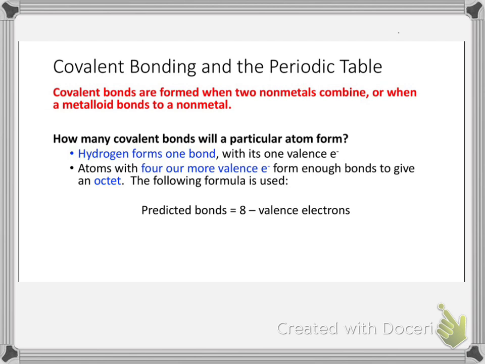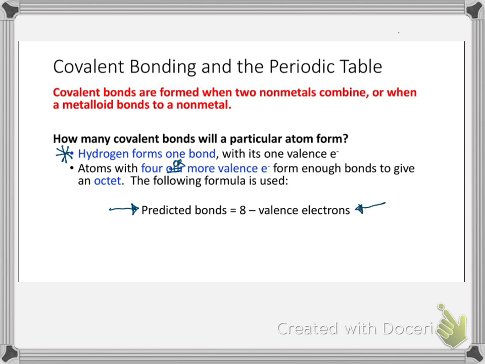So again, on the bullet points, hydrogen forms only 1 bond. Okay, so this is not an exception. It shares 1 pair of electrons, which means it only forms 1 bond. Then the second thing says atoms with 4, this should be 4 or more, not 'our more'. 4 or more valence electrons form enough bonds to give an octet. And here's the rule that we're going to look at.